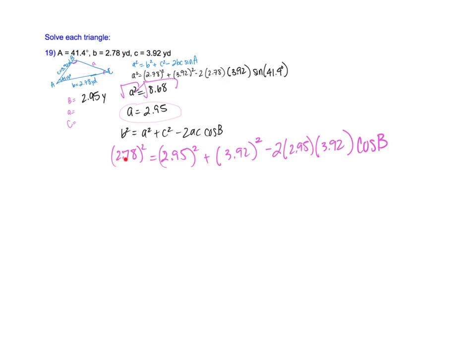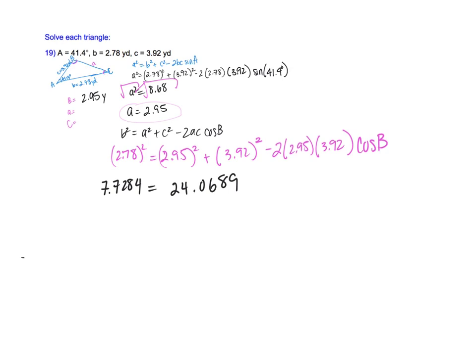So 2.78 squared, that is actually 7.7284. If I were to square 2.95 and 3.92 and then add them together, I would get 24.0689.